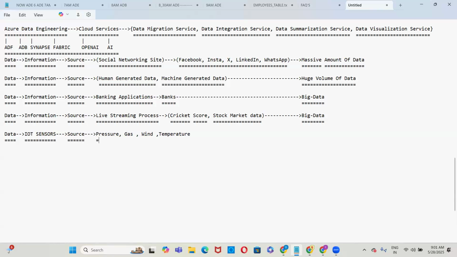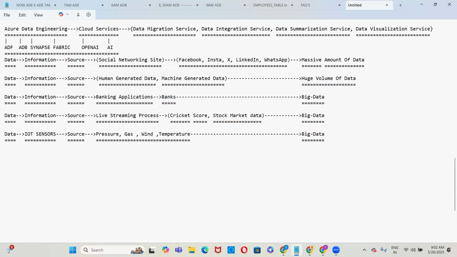By the IoT sensors, where this is also called as the big data. This is also called as what, guys? Big data.